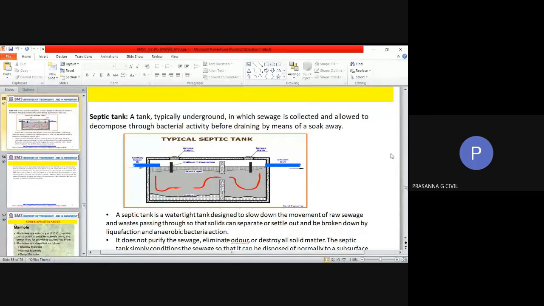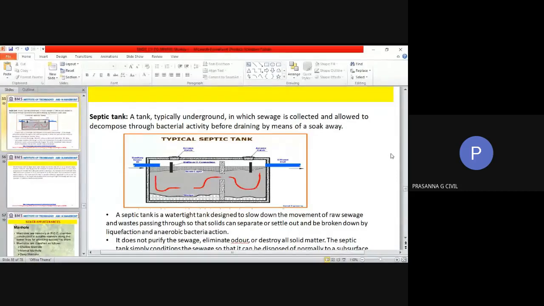So in the case of a septic tank, the biological process that happens within the tank is completely anaerobic decomposition. The tank itself has 3 specific zones: the inlet zone, the sludge zone, and the outlet zone. So the sludge remains at the bottom.